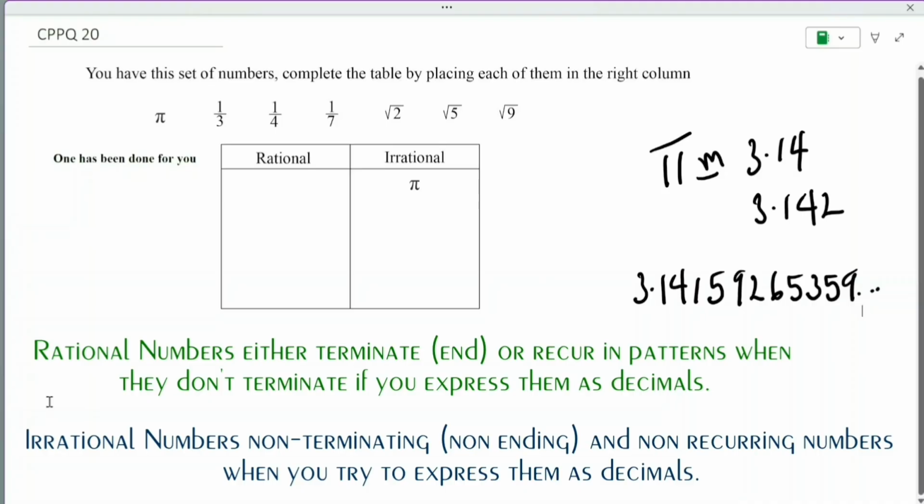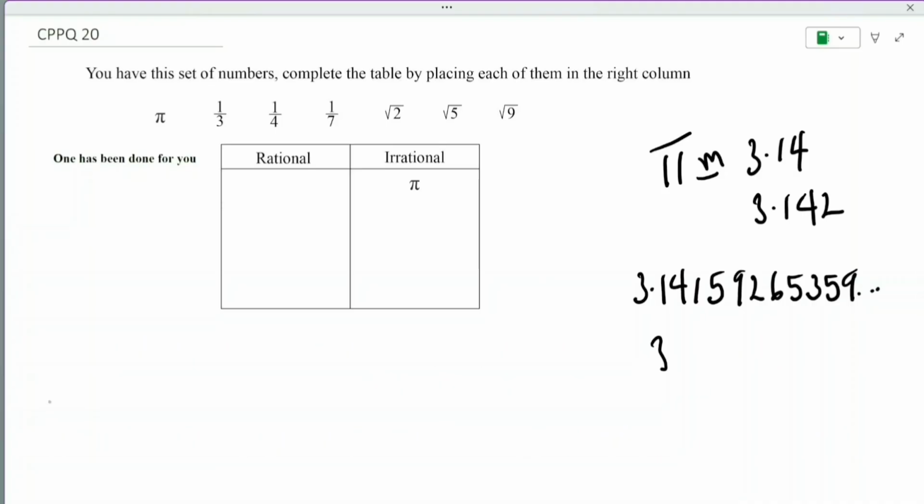That is, recurring in the sense of you have 3.141414. You can see the pattern. It's recurring. You have 141414 recurring. It's continuous. That makes it non-terminating. It doesn't end, but it has a recurring pattern.